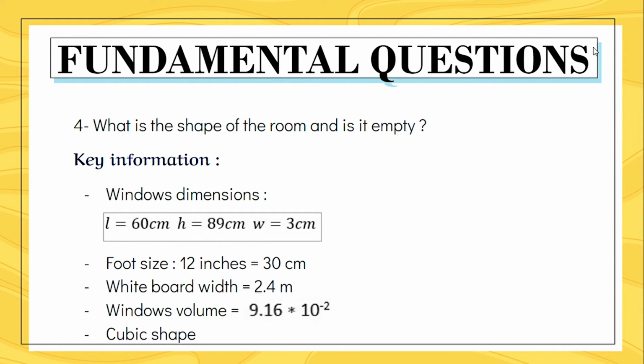So overall, the room is approximately a cubic shape with a volume of 343 cubic meters. And because the windows' volume is small compared to the room volume, as it is 0.096, we discard it. So finally, the overall room volume is 343 cubic meters.